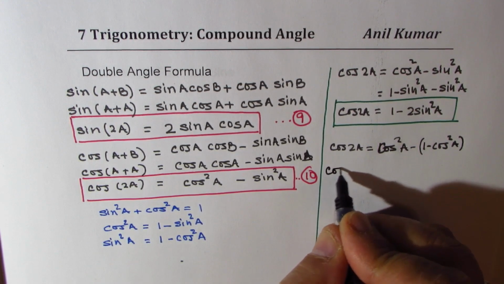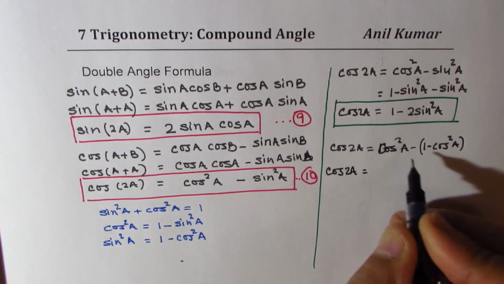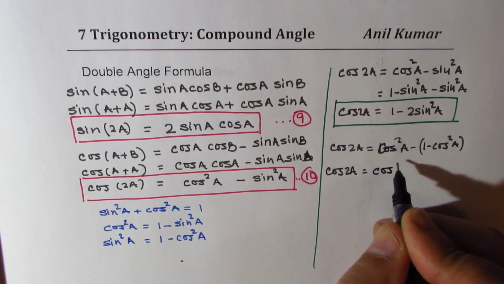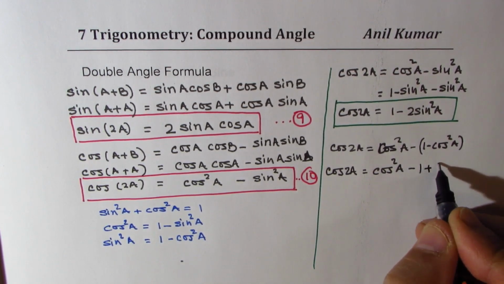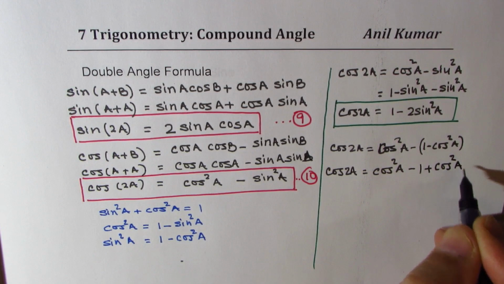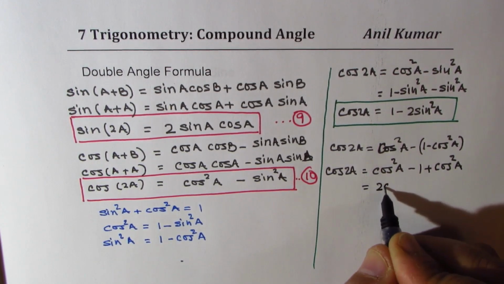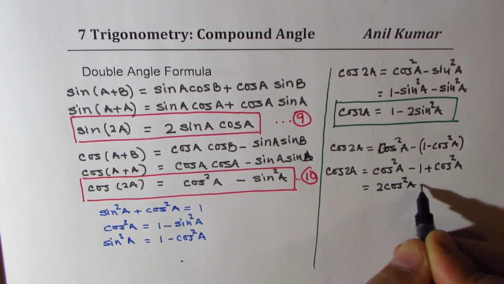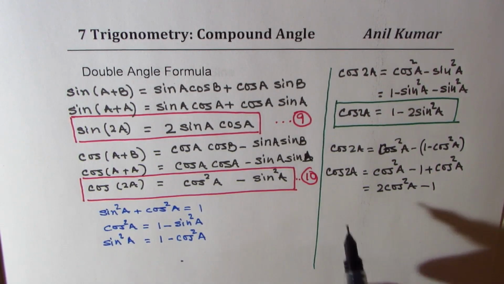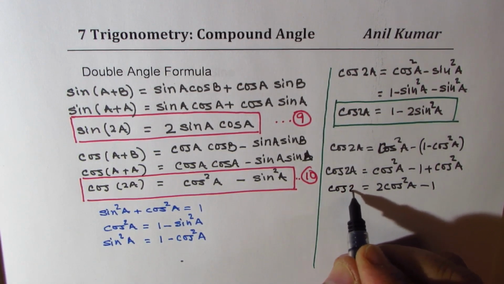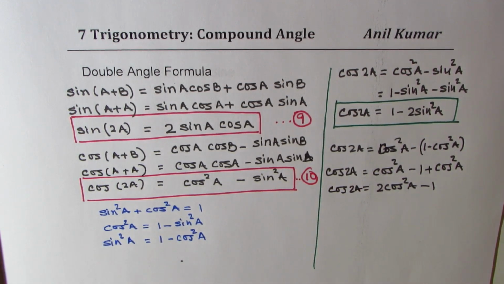In that case, cos 2A will be, opening the bracket, cos square A minus 1, minus minus becomes plus cos square A. So that gives you 2 cos square A minus 1. Got it? So that is another formula for the double angle for cosine.